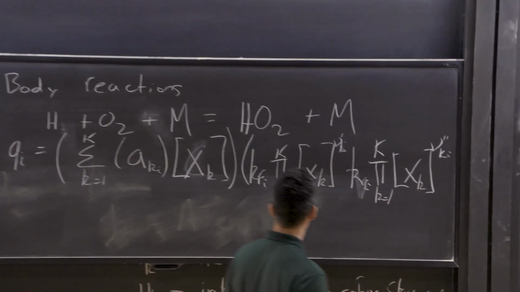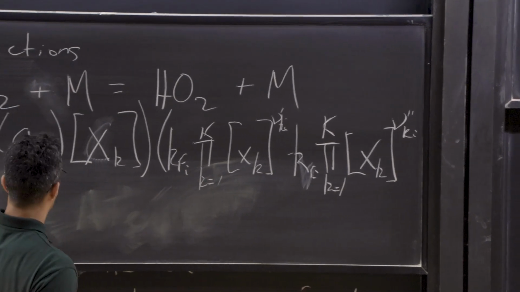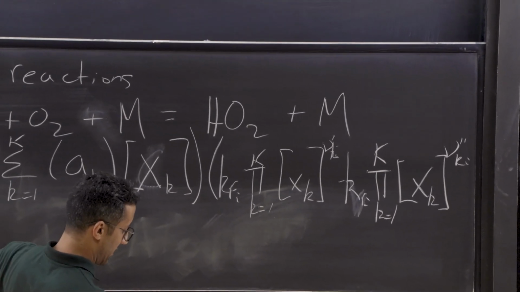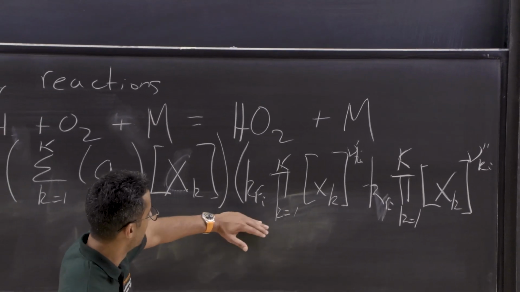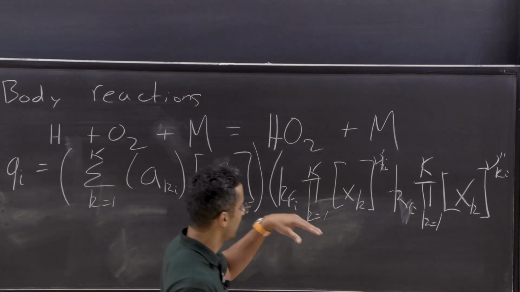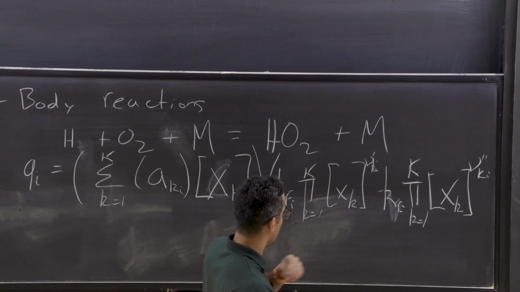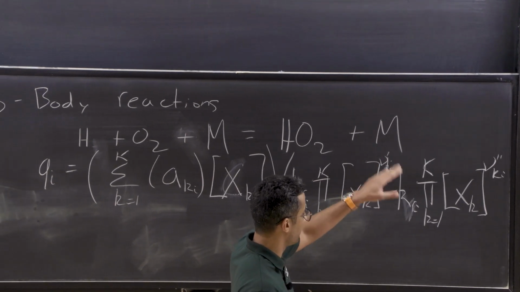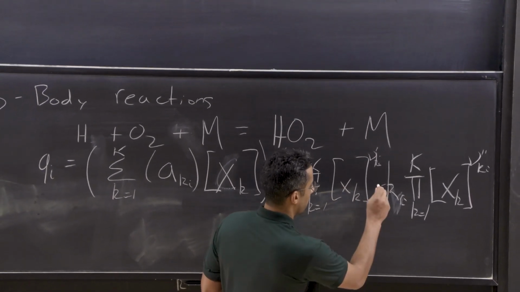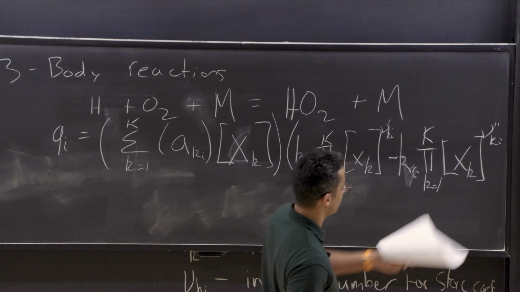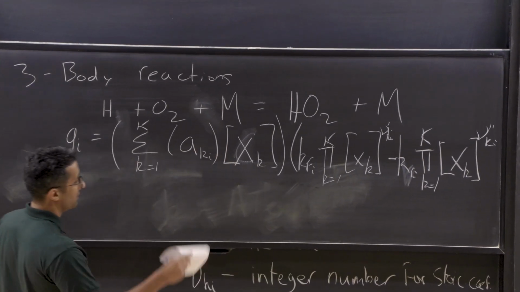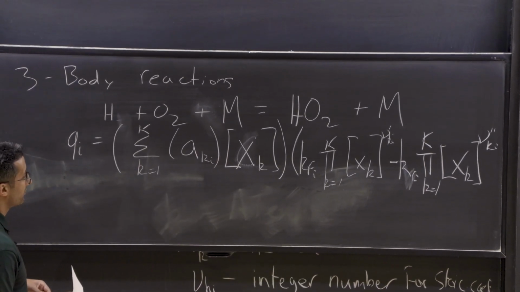So this part is the same as what we had before. The progress variable is dependent on the forward rate constant K and the concentration of the species raised to the stoichiometric coefficient, minus the reverse rate times the concentration of species raised to the stoichiometric coefficients in the reverse direction.